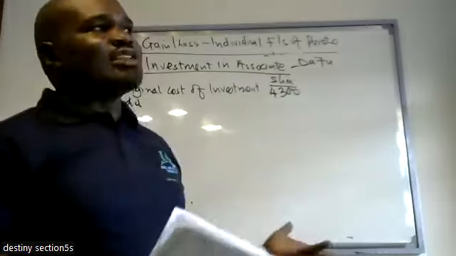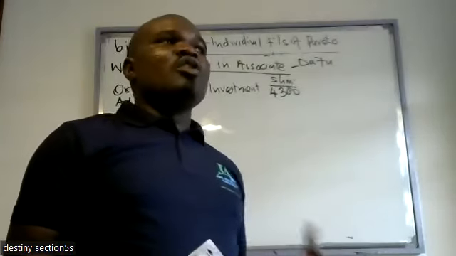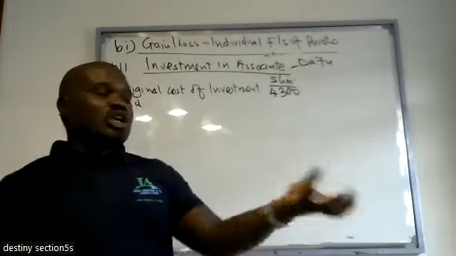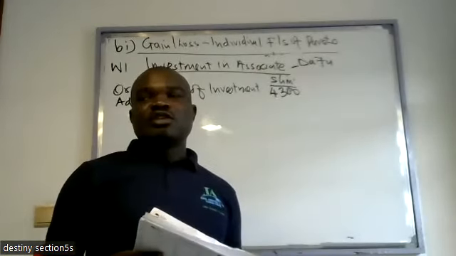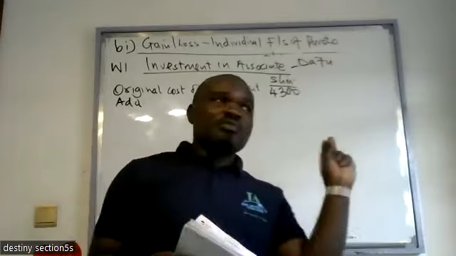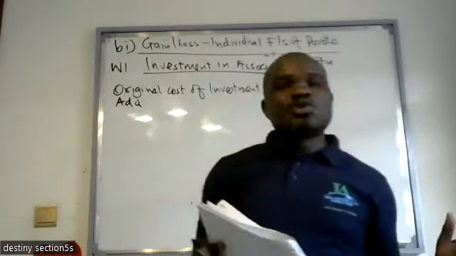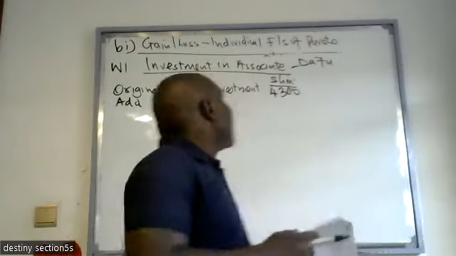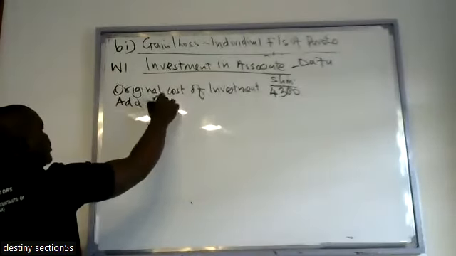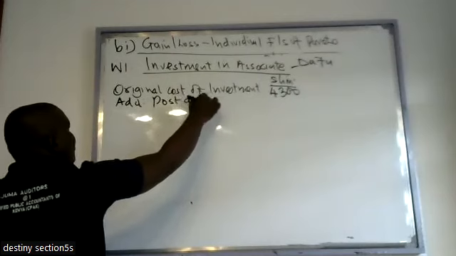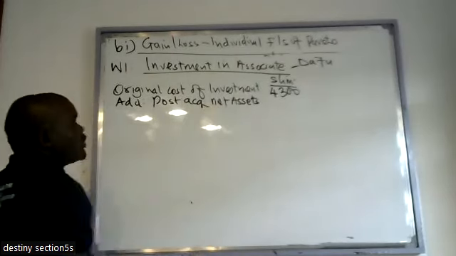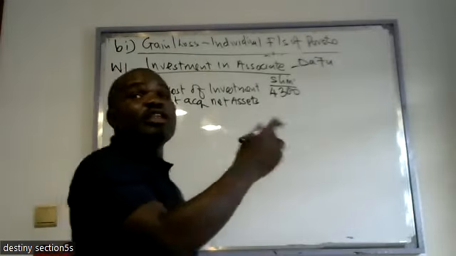So if you talk of net assets, meaning ordinary, share premium, retained earnings, in which case share premium and ordinary are not changing. What is changing is profit. So where the examiner squeezes everything on net assets, just say you add post-acquisition net assets. Post-acquisition net assets, what will be changing is profit.